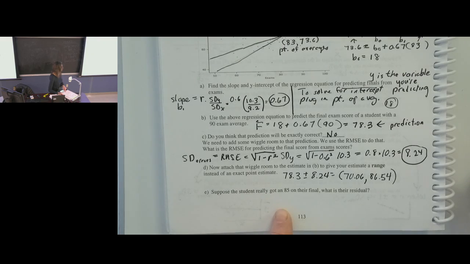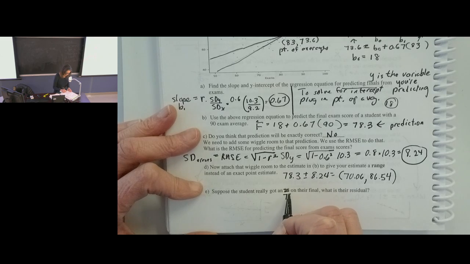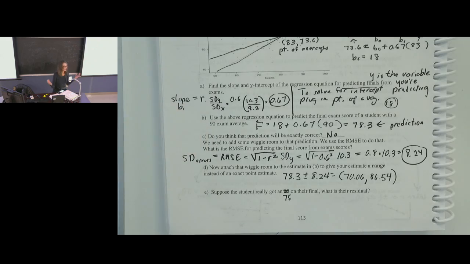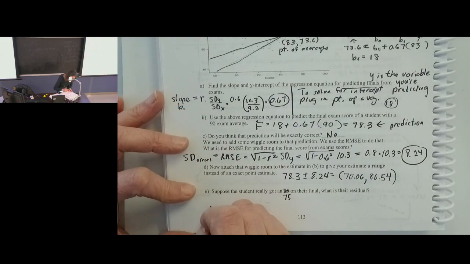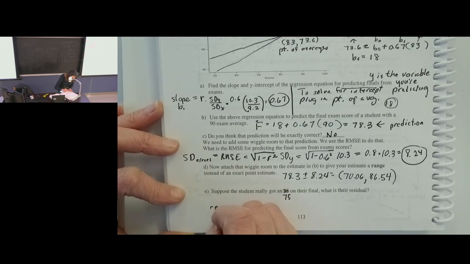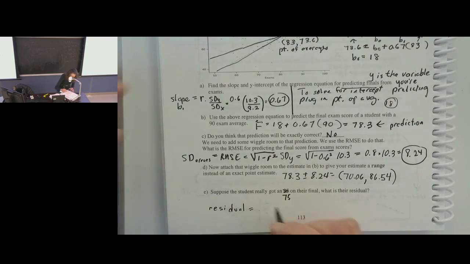So now it says, suppose the student really got a 75 on their final. What is their residual? So which way do you subtract it? The residual is the actual minus the predicted. This person's below what's predicted, so it'll be negative. So just remember the residual, our prediction error, is equal to the actual minus the prediction.